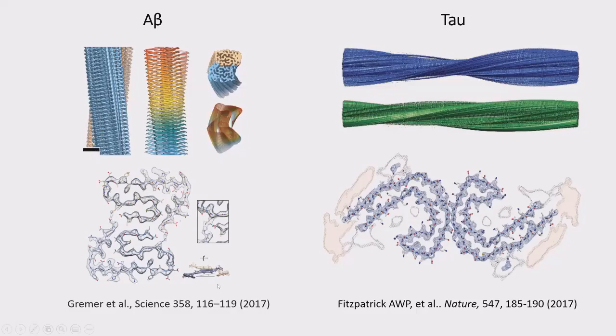Here, this is a representation of the A beta protein, and here this is the tau protein. And you see that they look quite a lot alike. They are long fibrils. Each chain here is a chain of amino acids, connected with each other with hydrogen bonds, and they form very long assemblies of protein like that.